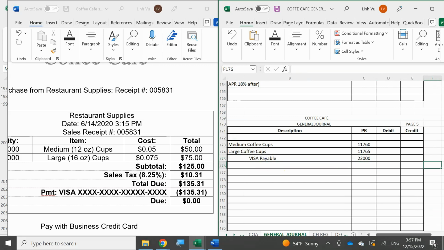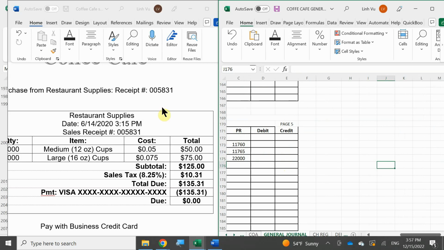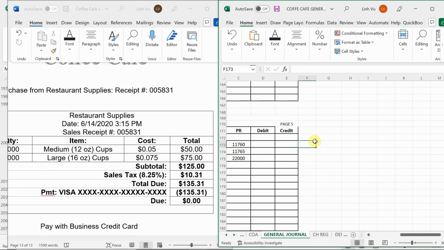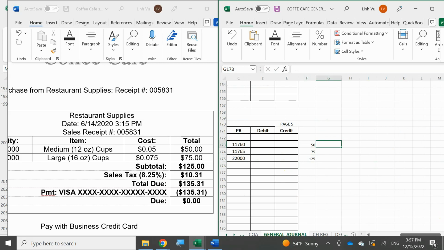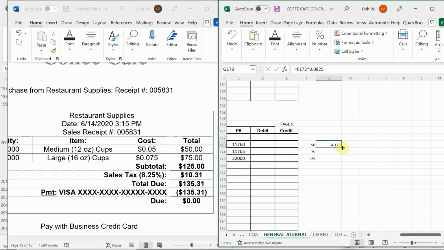So in this case, let's go ahead and do the calculations on the side here. My medium cups, I purchased for a total of $50. And my large cups, I purchased for a total of $75. If my tax is 8.25%, I get $4.12 here, and I get $6.19 there.